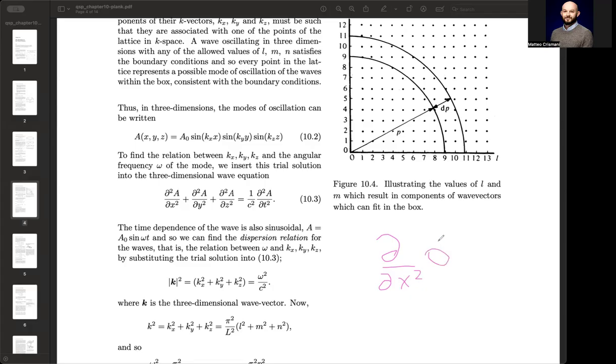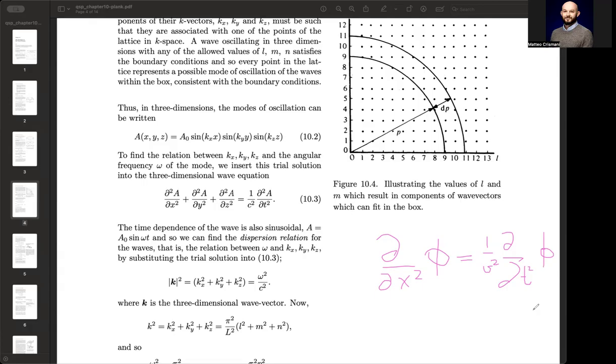And generally speaking, we can use something like phi, and we're going to say it's equal to 1 over the velocity squared, d squared dt squared of phi. Okay, so let's just understand that for a couple seconds. On the left-hand side, we have a double derivative with respect to space, and on the right-hand side, we have a double derivative with respect to time.